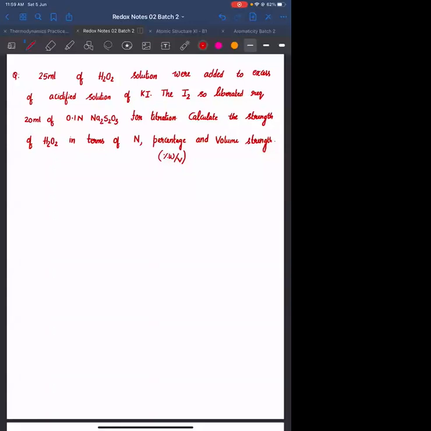What is the idea behind this question? This H2O2 solution is added to acidified KI, and in the process it is giving me some I2, and this is added to Na2S2O3, whose volume is 20 ml and normality is 0.1 normal.